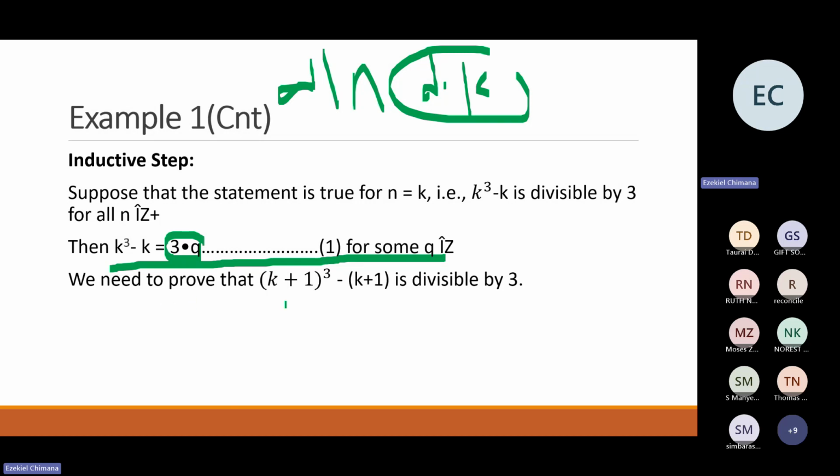So we need to prove that k plus 1 cubed minus k plus 1 is also divisible by 3. Remember, we have given an assumption and marked it equation 1. The assumption was that it is true for P of k, which is why we put k for n.